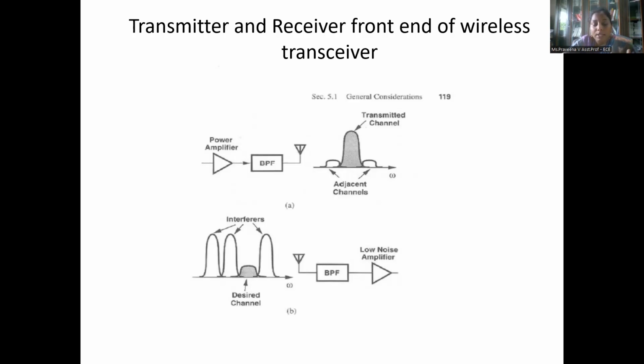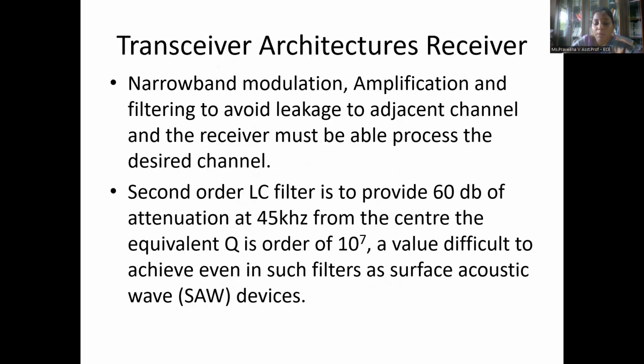At the receiver side, the antenna receives the signal along with strong interference, and the BPF will select the desired channel, and the LNA is a low noise amplifier that will amplify it while minimizing noise. Overall, it explains how filtering and amplification help in maintaining the signal quality in a noisy environment. So, transceiver architecture and receiver.